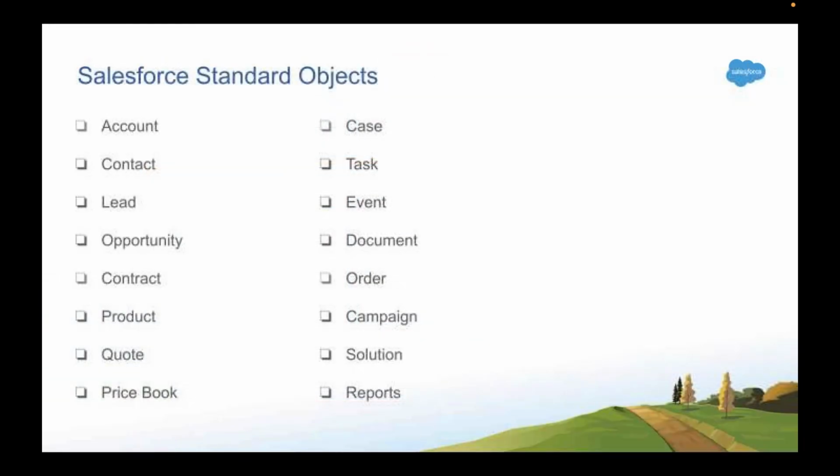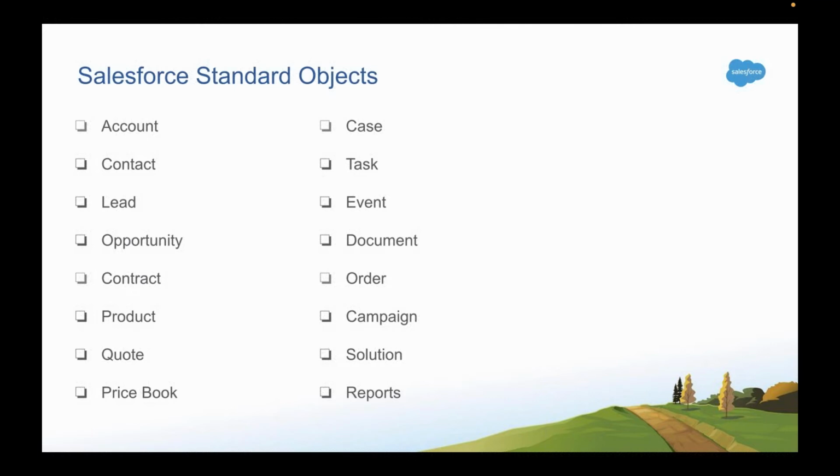Then in that object, however you want to categorize your data and store it in particular columns, we will create fields. Once the object and fields are created, the customer will create the data in the object. We'll see the same in our Salesforce org too.